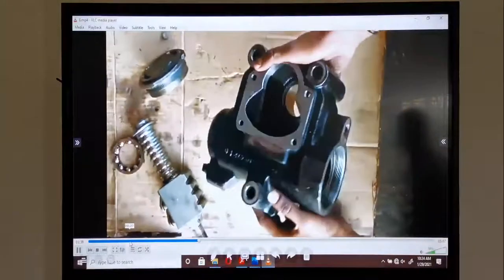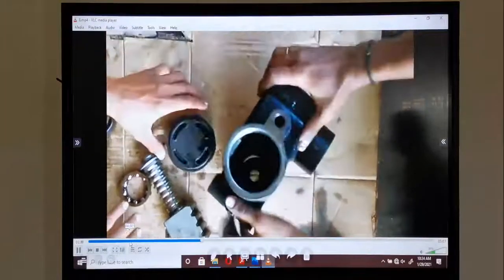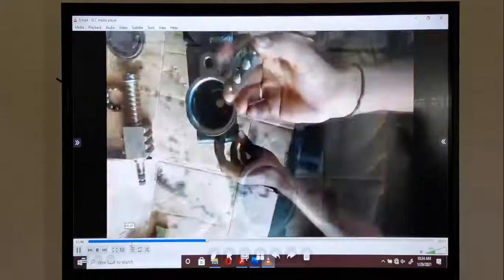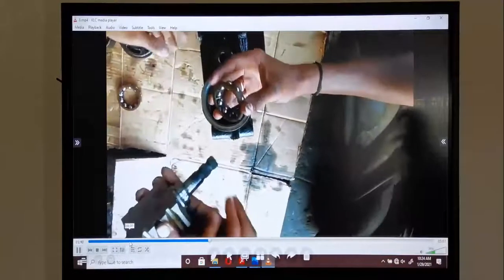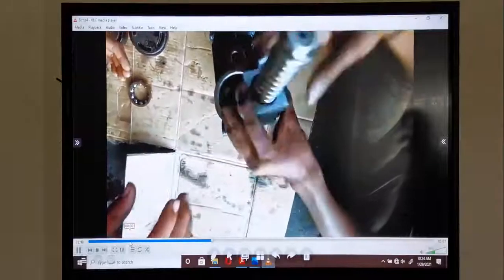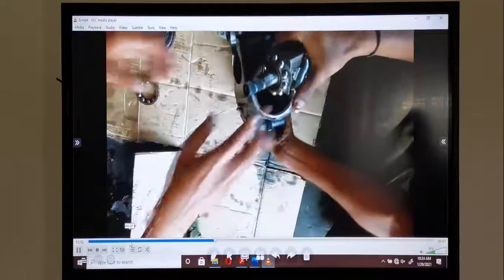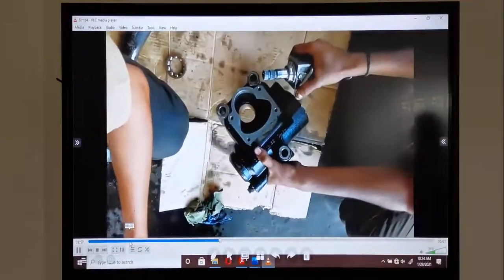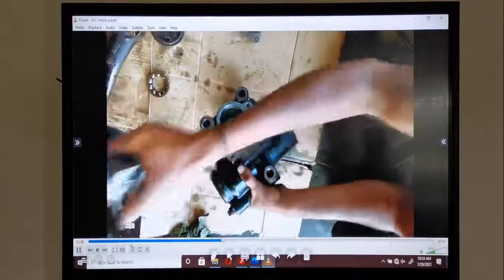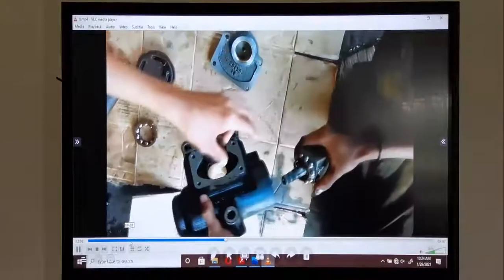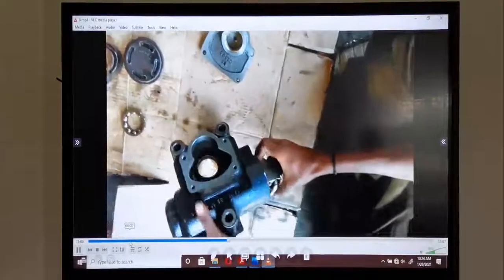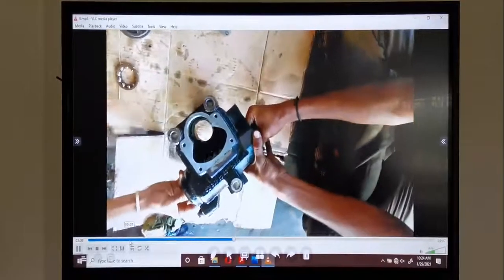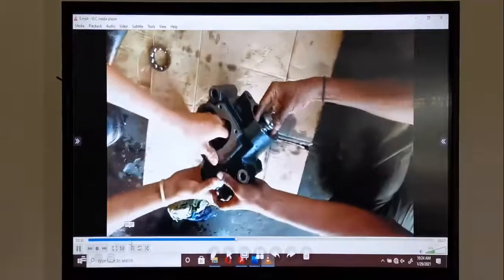So this is the body of the recirculating ball gearbox. Now we assemble all the parts into this gearbox. There is a bearing. In that, the worm gear shaft goes inside the gear body.